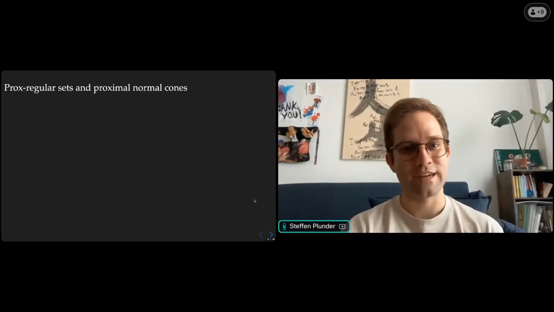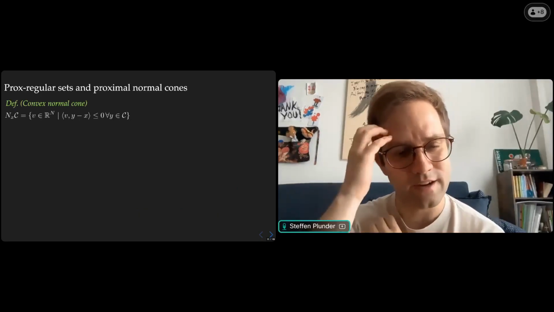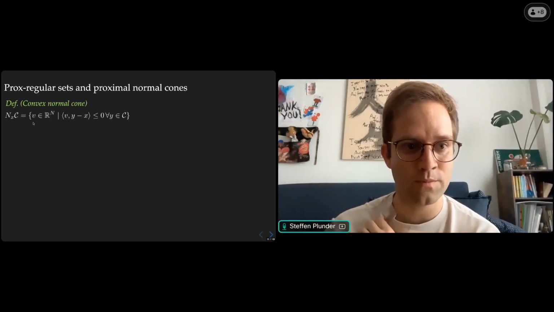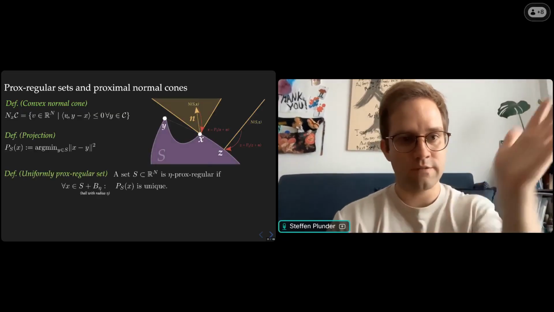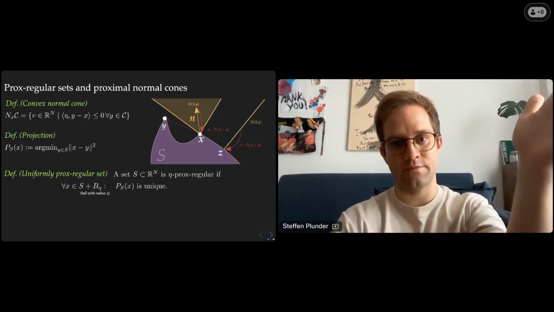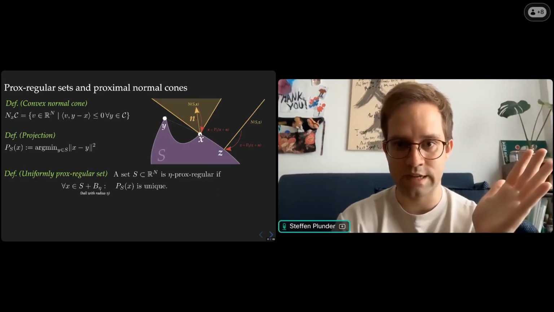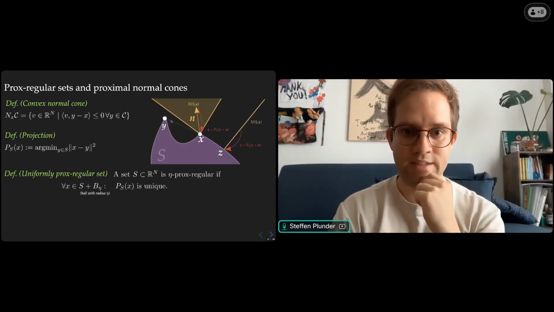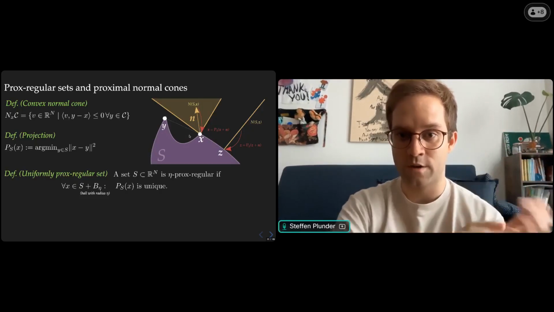What are prox regular sets and proximal normal cones? To recall, for a convex set we can define the normal cone by saying: all directions n such that the scalar product between n and the direction from x to y, so y minus x, is always negative, then it's a normal vector.